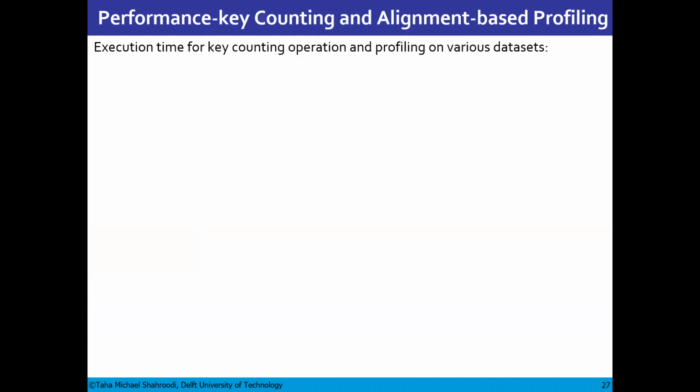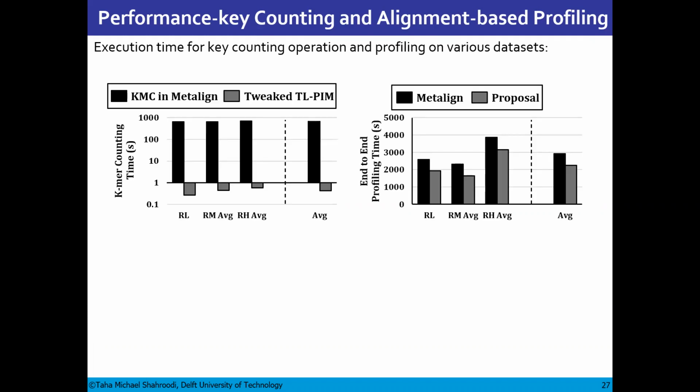To evaluate the applicability of TLPIM and our optimizations for other profilers, we also analyze the benefit of applying TLPIM, a modified version of it actually, for k-mer counting and then MetaAlign on our 3 metagenomics datasets. We show these benefits in software and hardware designs in this figure.